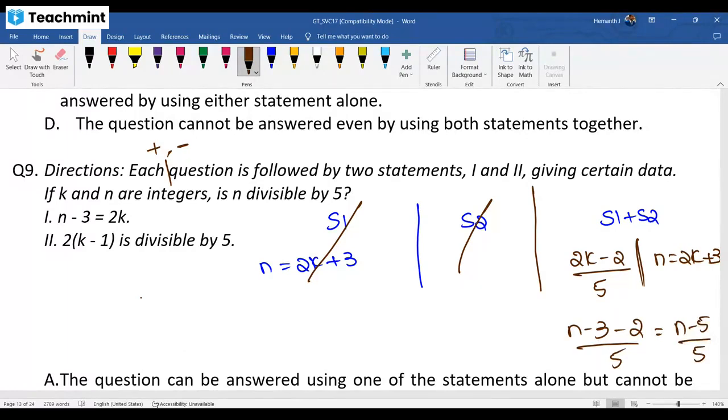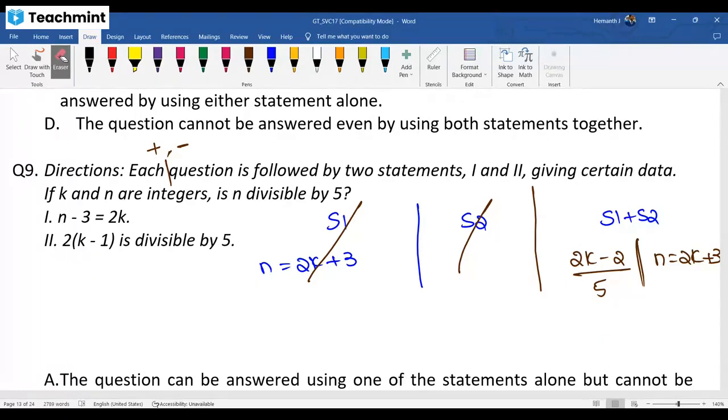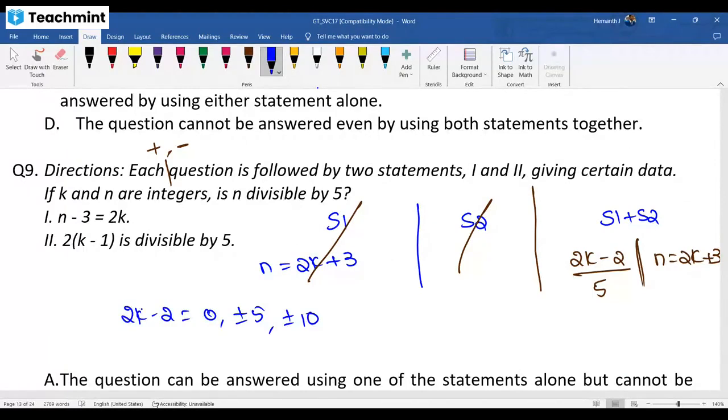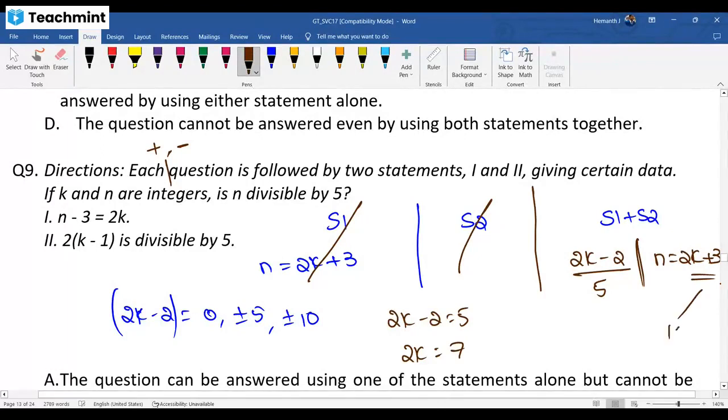Or else, instead of all this confusion, simple. 2k minus 2 is divisible by 5 means I can take 2k minus 2 as 0, or plus or minus 5, or plus or minus 10. Try for different cases. Let's say 2k minus 2 is 5, so 2k equals 7. Then 2k plus 3 means 10, which is divisible by 5.